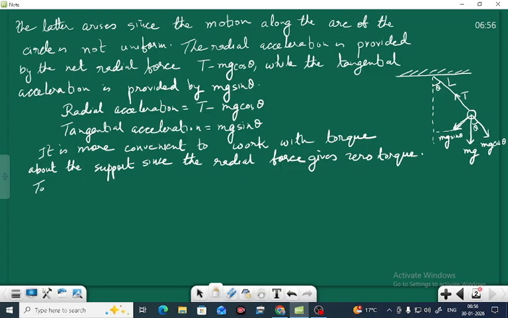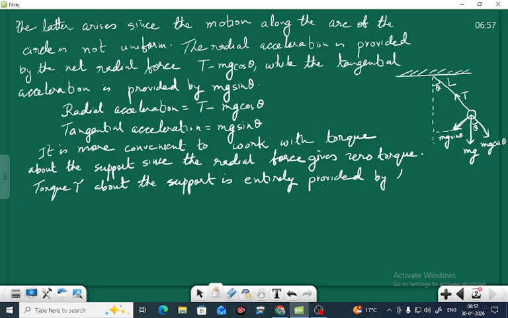Torque tau about the support is entirely provided by the tangential component of force.